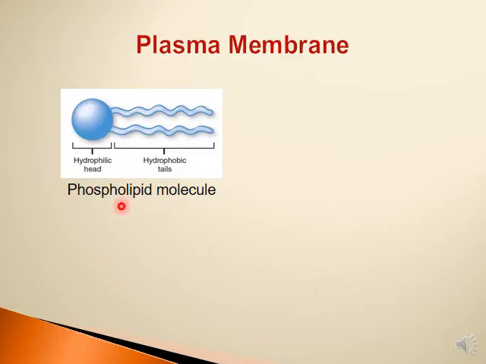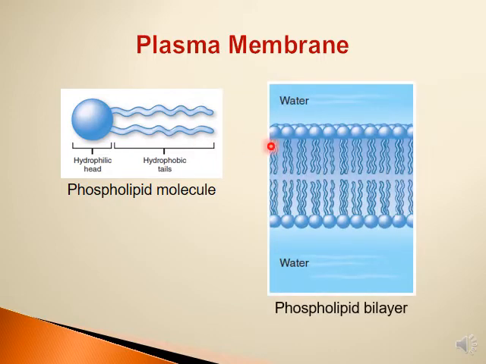So you can see here, this is a phospholipid molecule. It has a hydrophilic head that likes water and a hydrophobic tail that hates water. So it tries to stay away from water. It is more lipid soluble. As I said, if we put thousands of molecules, they will assume this arrangement.